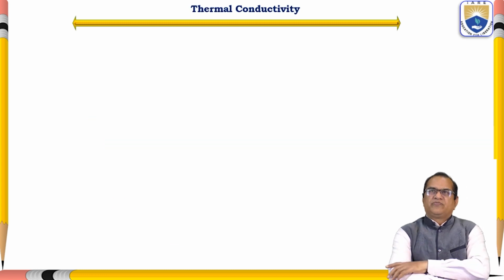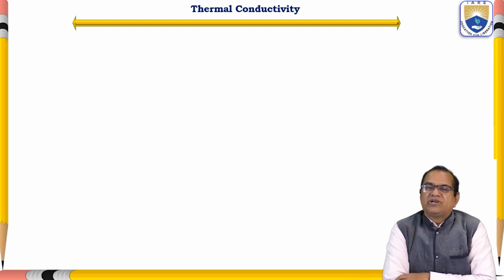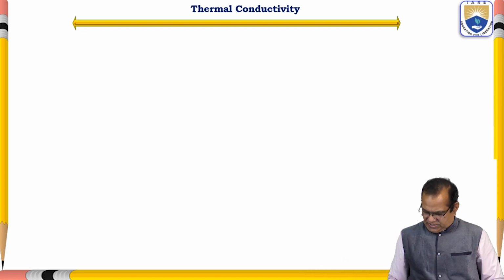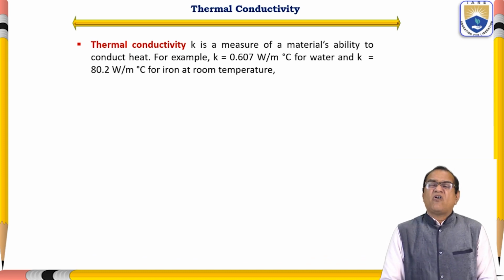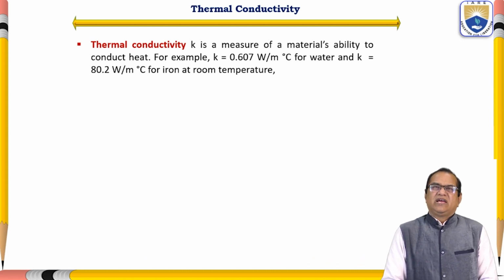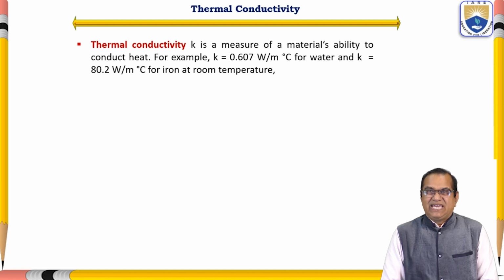Now we will discuss another topic, which is called thermal conductivity. We have seen the Fourier equation, Q dot is equal to minus kA delta T by delta x.